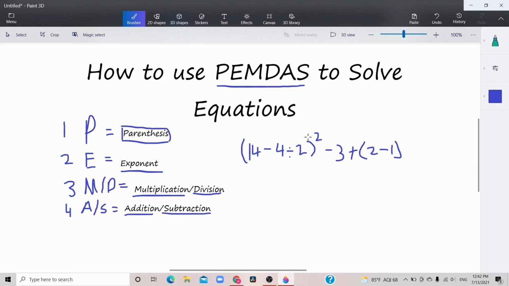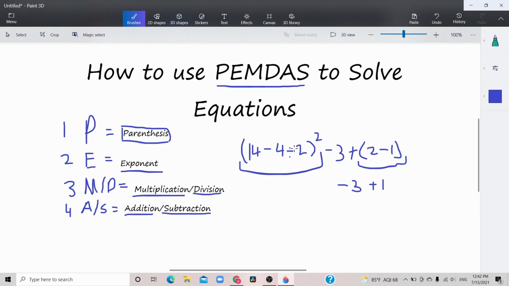So there's 2 parentheses in this equation. There's parentheses here, and then there's parentheses here. This parentheses is a little complex, but this one is really simple. It's just 2 minus 1, and we already know that's 1. So we write this down. So we say -3 plus 1, and now let's do this part.